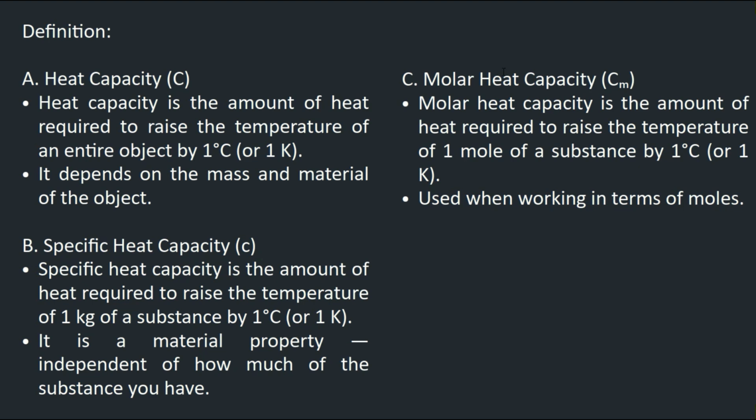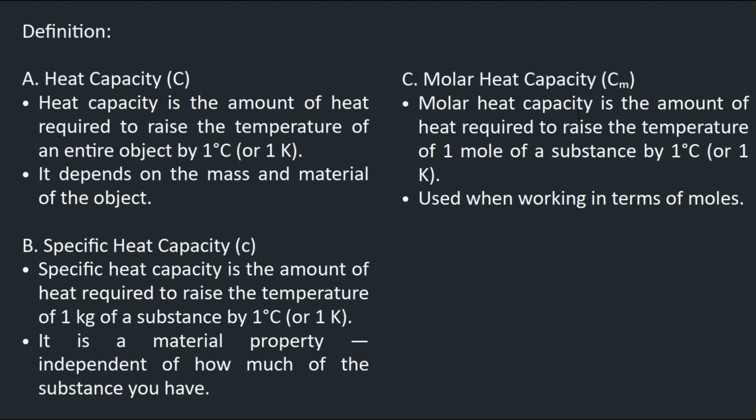While molar heat capacity is the amount of heat required to raise the temperature of 1 mole of an object by 1 degree Celsius. Again, it depends on the material. All the three depend on the material. The first one depends on the mass. The second one does not depend on the mass. The third one depends on the mole.